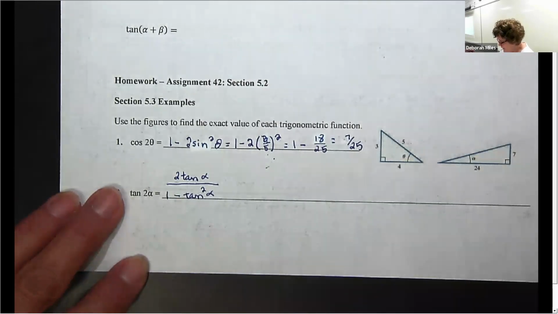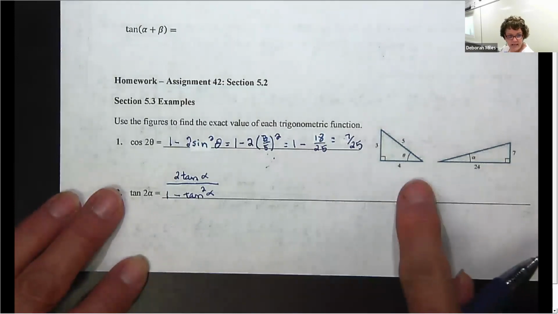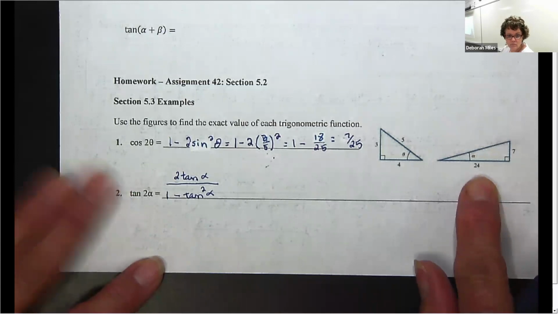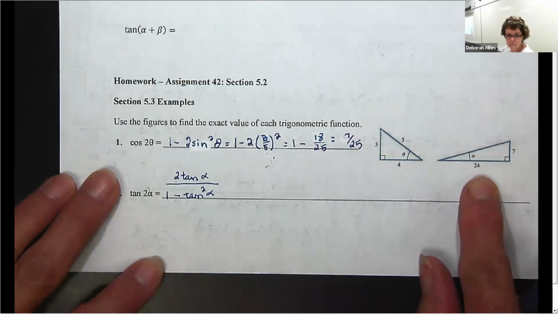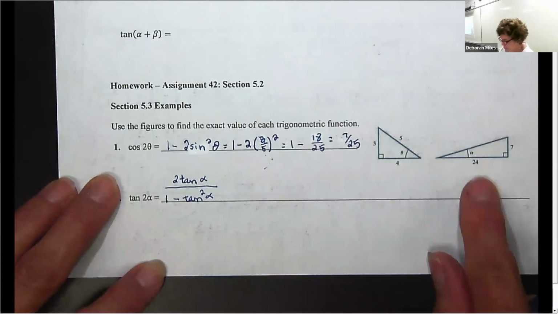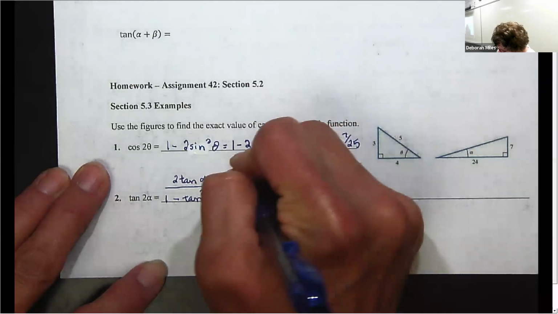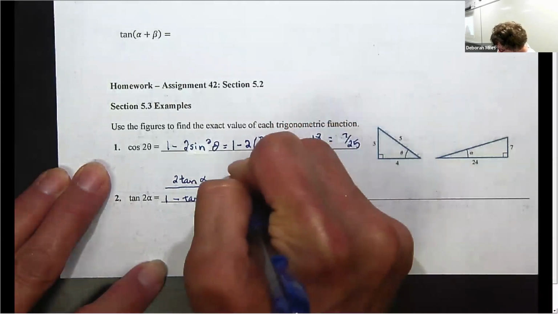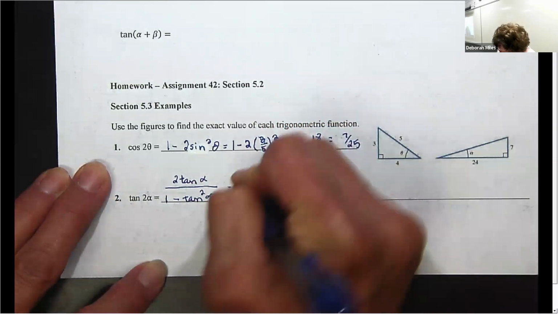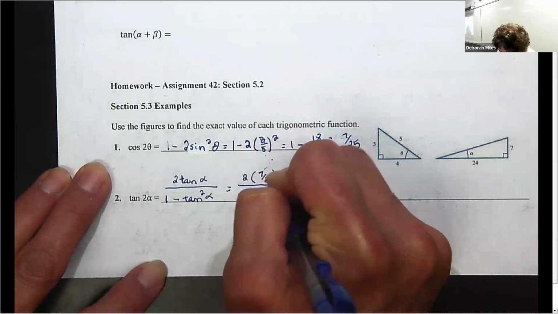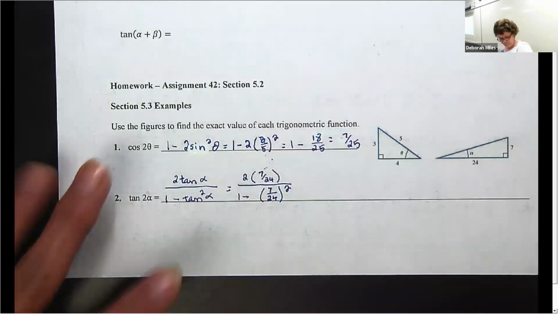So make sure you're looking at the angle alpha, not the angle theta. What is tangent alpha? That's a 7. Yeah, it's 7/24. So 2 times 7/24 over 1 minus 7/24 squared.